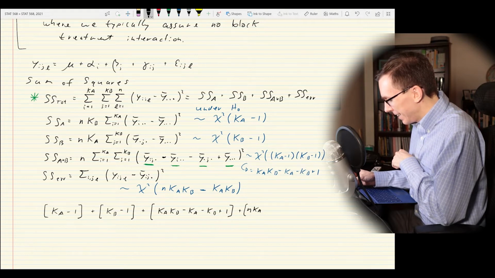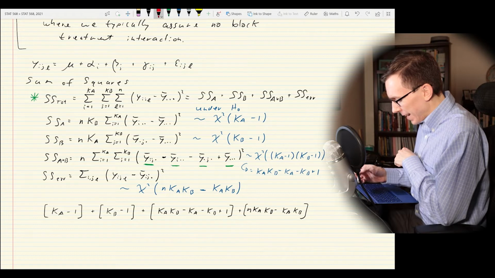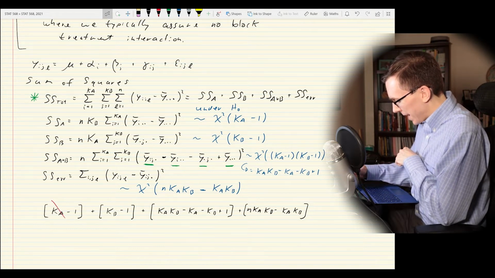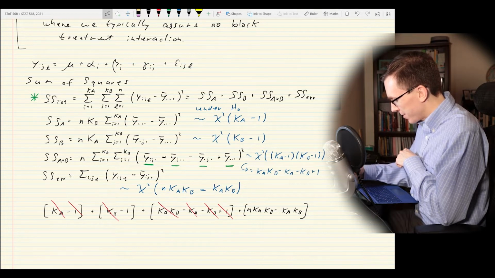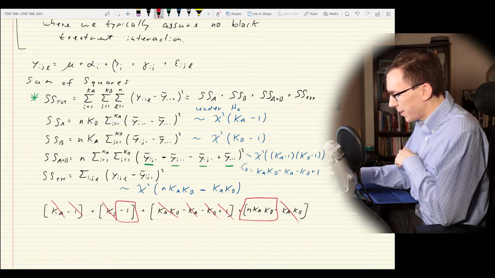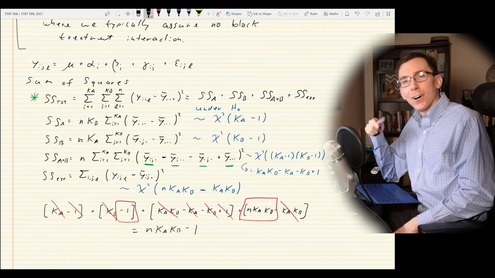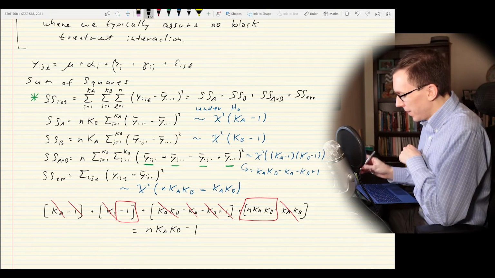If we work our way through this, Ka here cancels out with this Ka, this Kb cancels out with that Kb, and this minus 1 cancels out with that plus 1. This interaction term cancels out with this, and the only thing we have left is the total sample size minus 1. That's basically the ranks of these respective matrices, if we go back to what we learned about Cochran's theorem and how they all add up nicely together. So, okay, we got what we wanted.